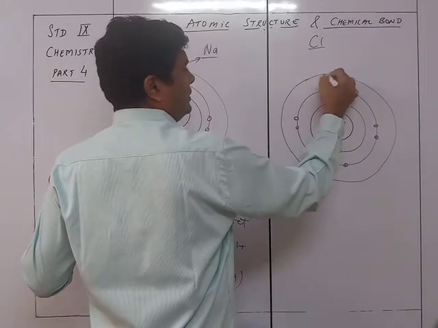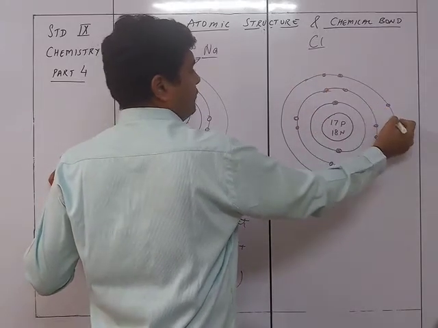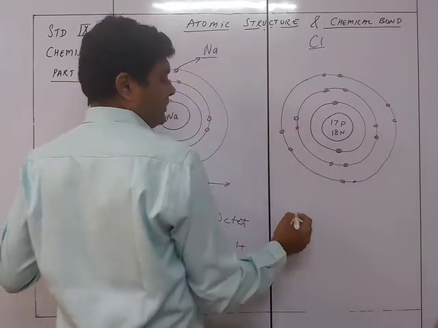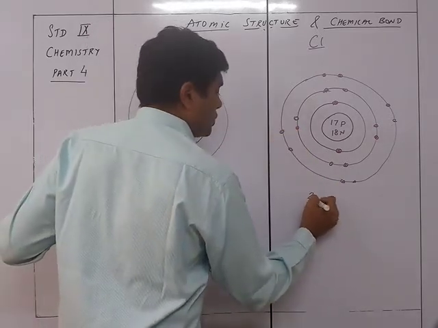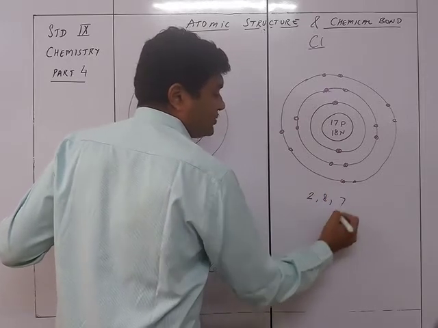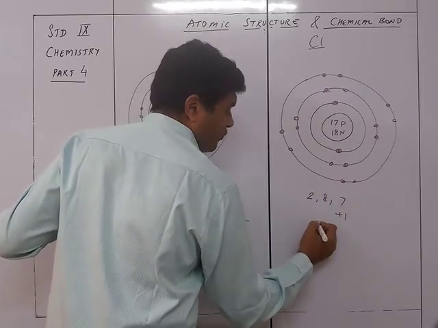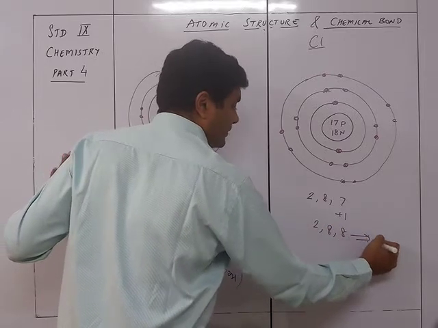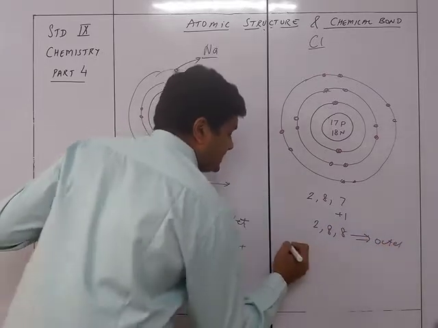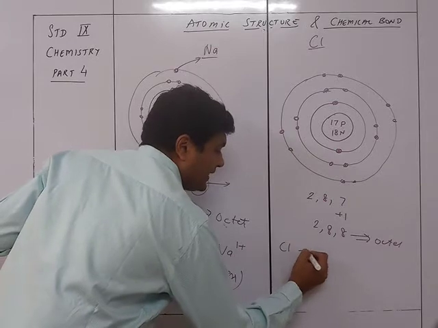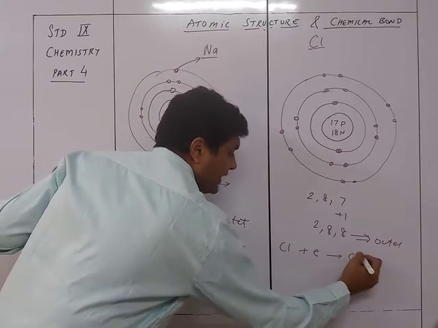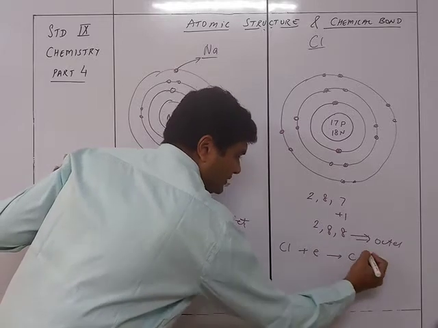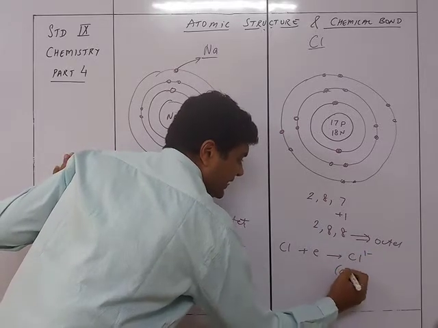So that is the configuration 2, 8, 7. It is going to gain 1 electron to form 2, 8, 8. That gives its octet, and hence Cl will gain 1 electron to become Cl1 minus, which is an anion.